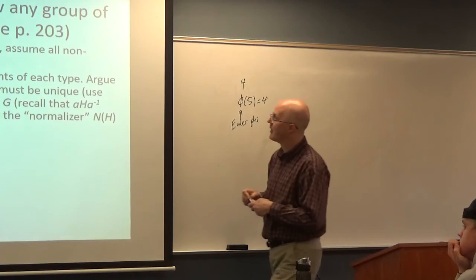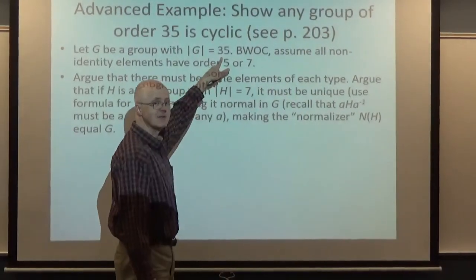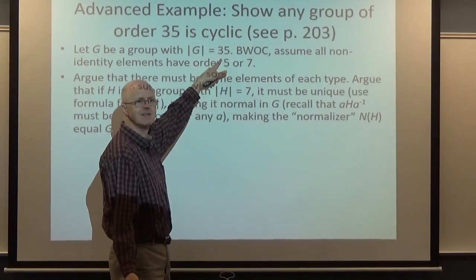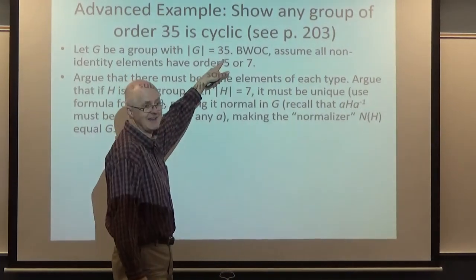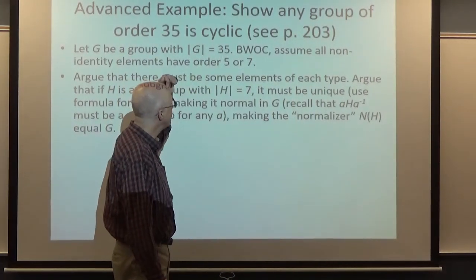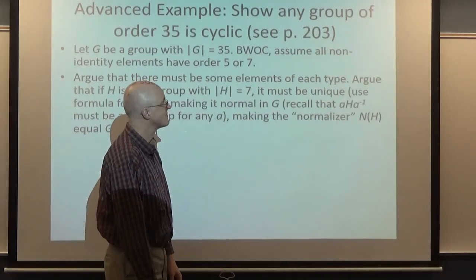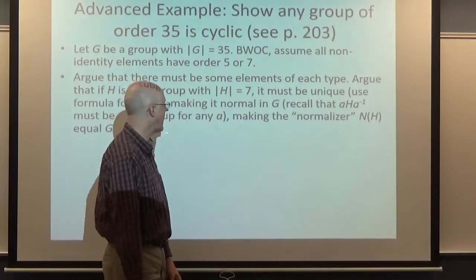And 4 does not divide 35 minus 1. Does not divide 34. Why did I subtract 1? Is it the identity? Yeah, take away the identity. There's 34 non-identity elements in G. 4 doesn't divide 34. So all those non-identity elements cannot all be order 5.